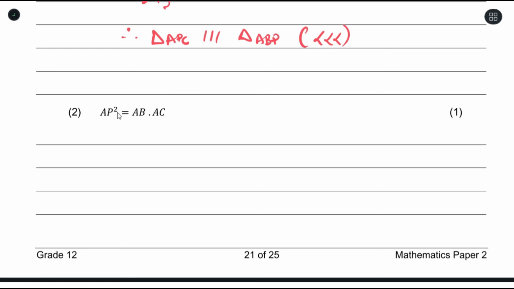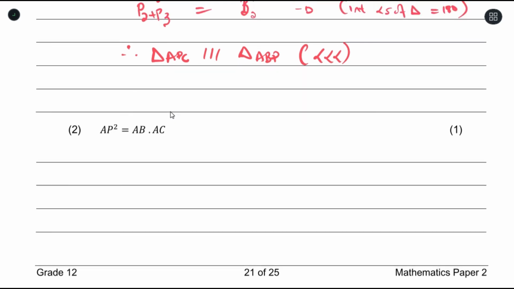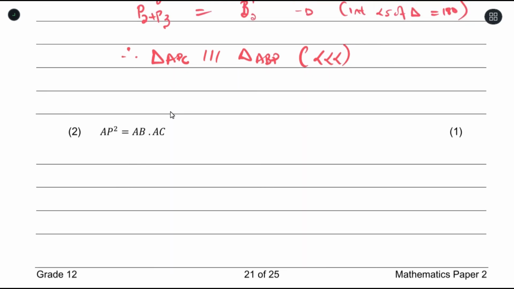2 here says AP squared is equals to AB times AC. Okay, so for us to get this, we first of all need to rewrite our similar triangles as ratios, right? So we can say this here is AP over AB, first two, is equals to PC over BP, last two. And the last one is AC over AP, first and last.